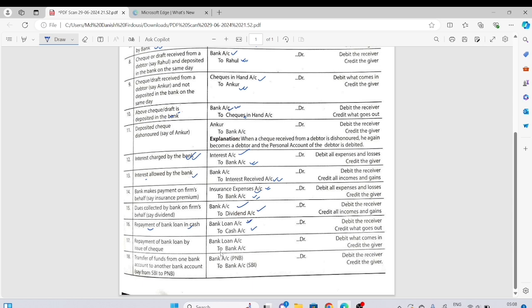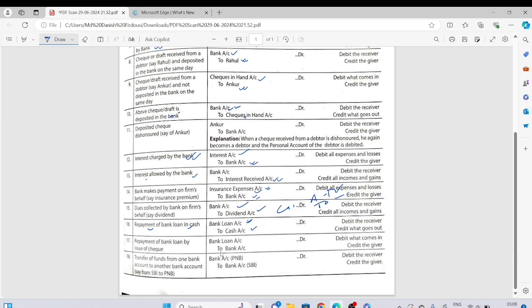At the time of taking the loan from the bank, what entry will you pass? If we talk about the opposite thing, you will pass cash account debit to bank loan account, because here you will receive the cash, and at the time of payment of the bank loan, you are paying the cash, so bank loan account debit to cash account.